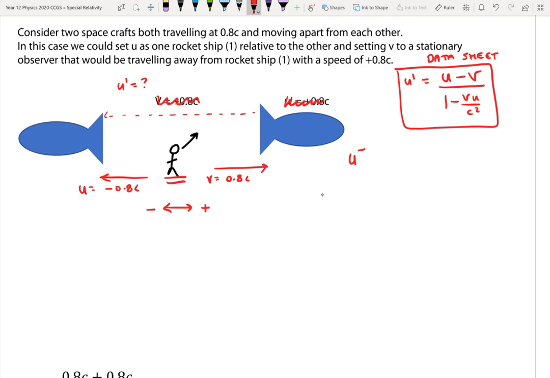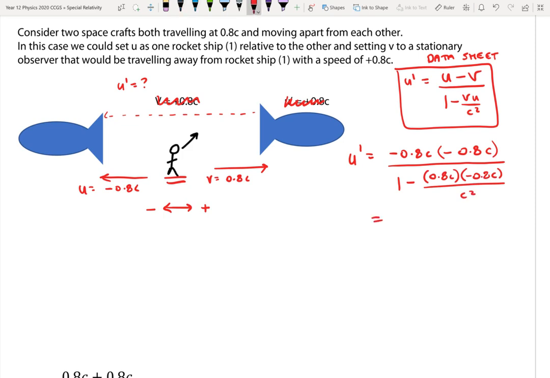U prime equals U. Up the top is negative 1.6. Here we go, 1 minus V, which was 0.8c, times negative 0.8c. Let's just tidy it up a little bit.